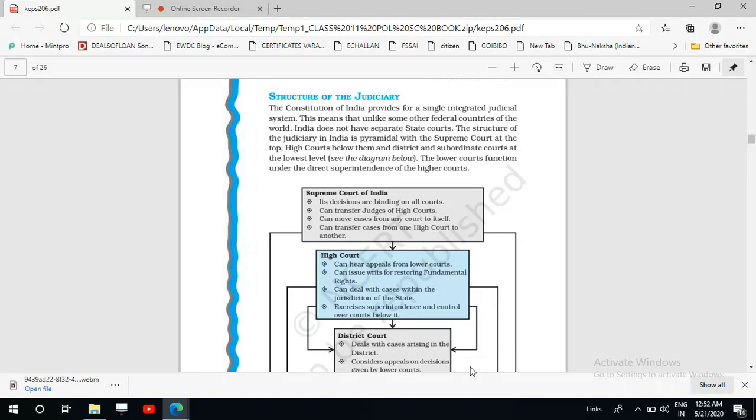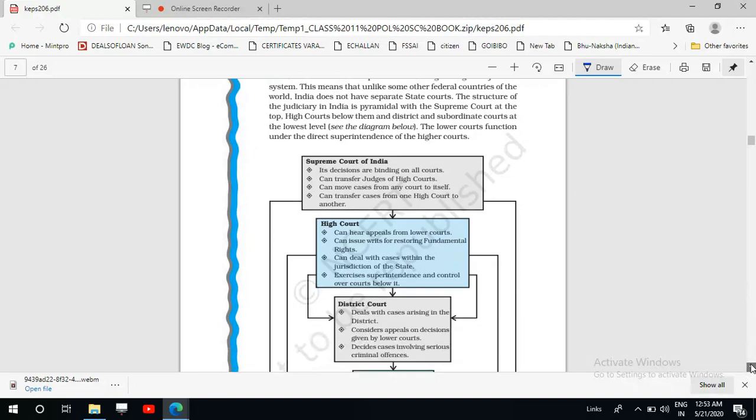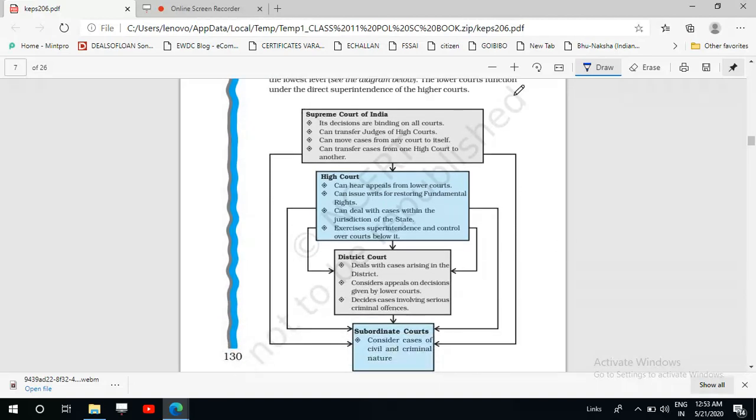under the Supreme Court, there are high courts, which are there in all the Indian states, and below these high courts there are district and subordinate courts, which are at the lowest level. So we can see that this is the diagram given. In this we can see that the Supreme Court is at the top position.